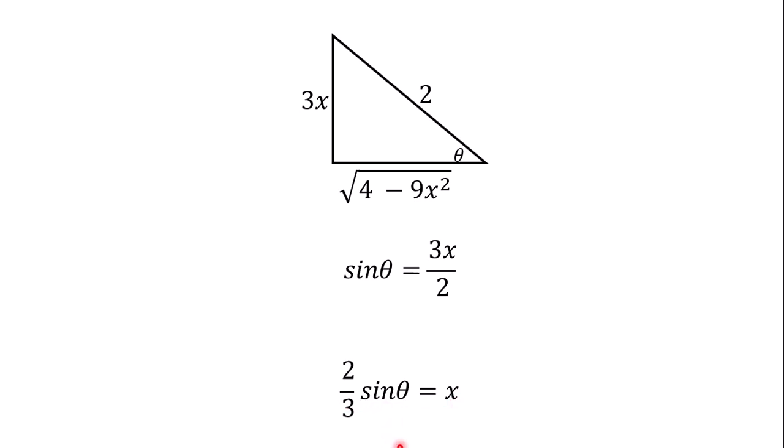So this gives us 2 over 3 cos theta d theta, which is equal to dx. So when we go to the integral in the theta world, we're going to replace dx with this, and x with 2 over 3 sine theta. Okay, so let's replace them.